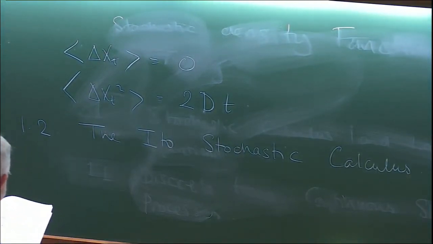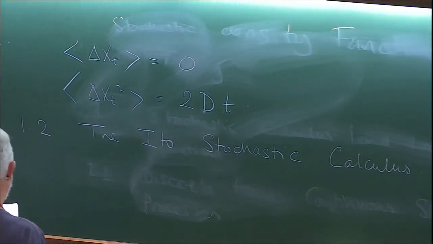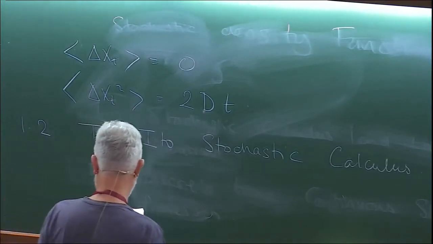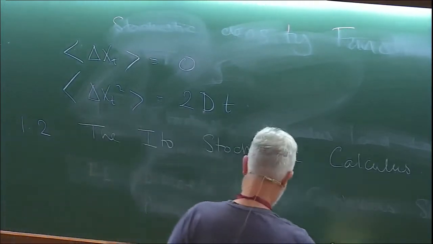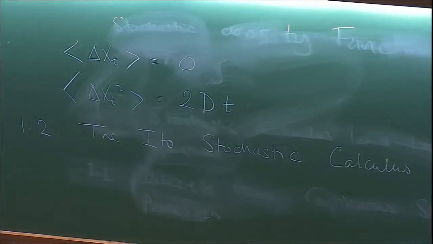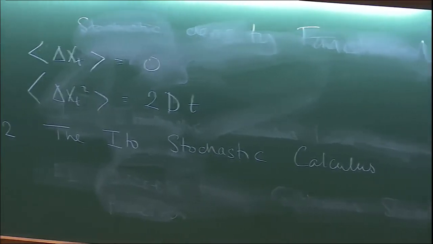Okay, so now here we want to take the continuum limit. So what I'm going to do is, and this is a very important point actually. The whole of the stochastic density functional theory relies on the trick that I'm going to show you. It's quite an incredible property of continuous Brownian motion.